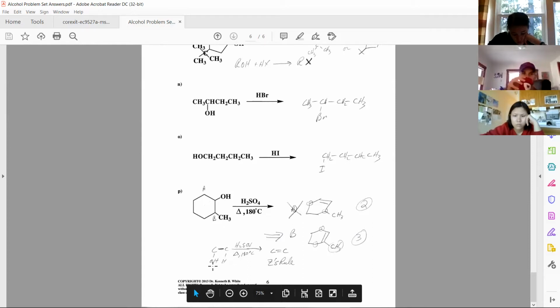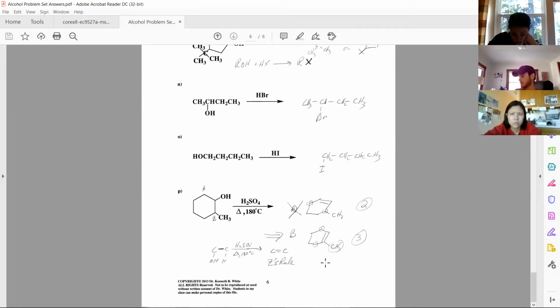You lose the hydroxyl group and, on an adjacent carbon, you lose a hydrogen. You form a carbon-carbon double bond. And it follows Zaitsev's rule, which is the double bond with the most carbon atoms directly bonded to it is the product you get. In real life, it's called the main product. You get a little bit of the other, but for my test, I'm making it easier.